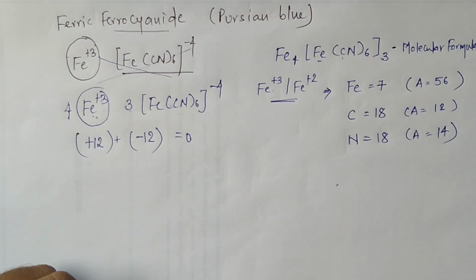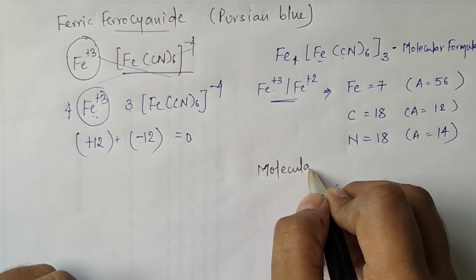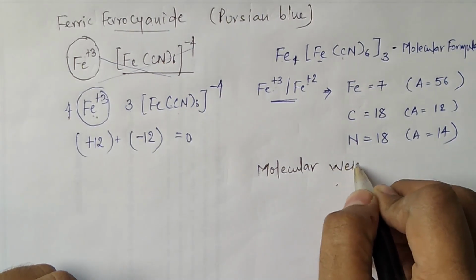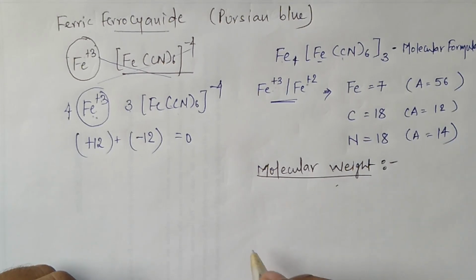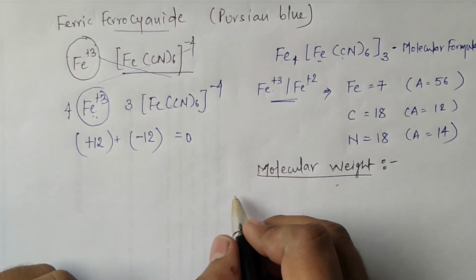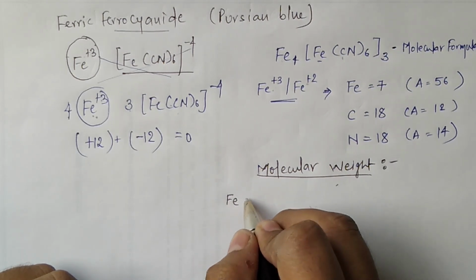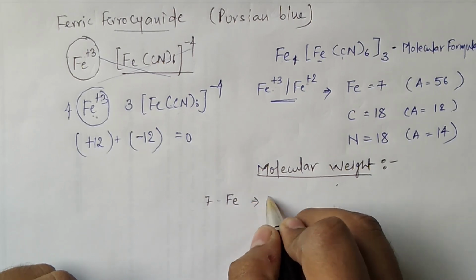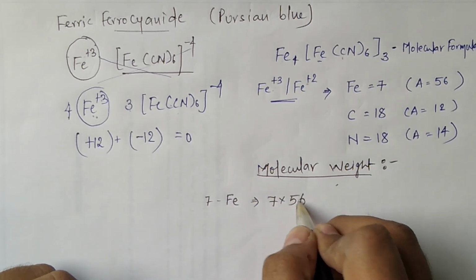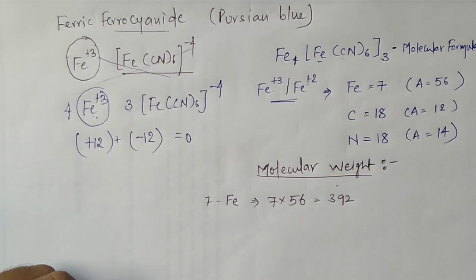Okay, now we will calculate the molecular weight. If we calculate molecular weight and contribution, first of all we will calculate molecular weight. What is Fe? There are 7 atoms of Fe, that implies 7 into 56, that will come out to be equal to 392.